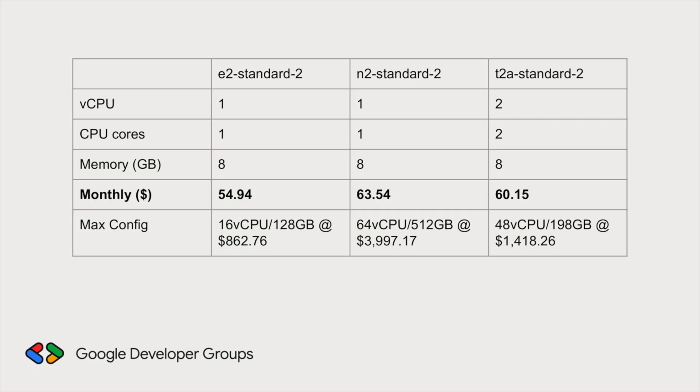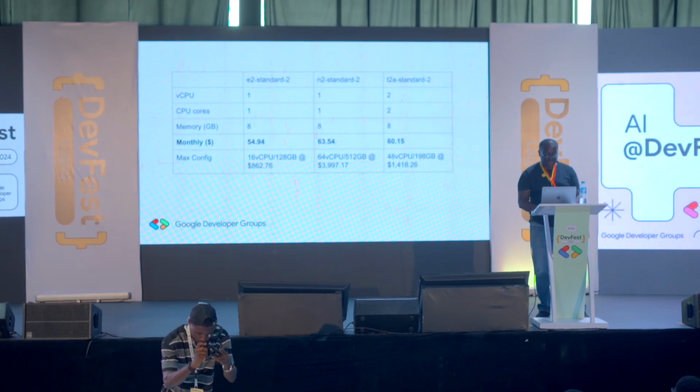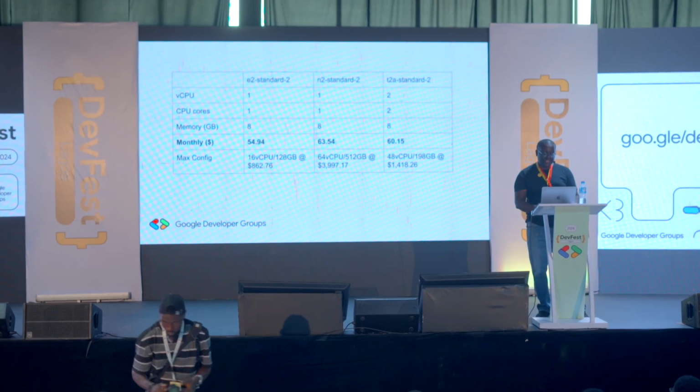When we look at the monthly cost, we see that the E2 standard 2 costs about 55 USD. The N2 standard 2 costs about 63.5, and the T2A standard 2 costs 60 USD. So it lies somewhere in between those two. But remember, you have twice the number of CPUs, right? So you're kind of getting a good deal here.